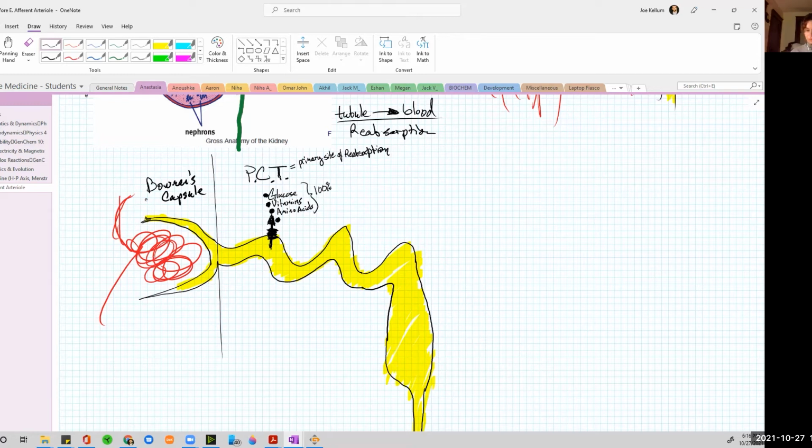Since insulin's a peptide hormone, where do you think the receptors for it are? Within the target tissue. Where in the target tissue? On the surface of the cells or inside the cells? It has to be on the surface, because it's a peptide hormone.